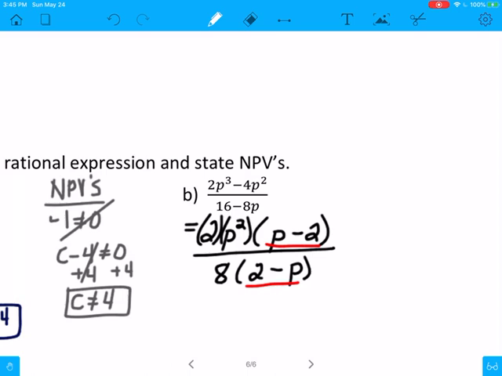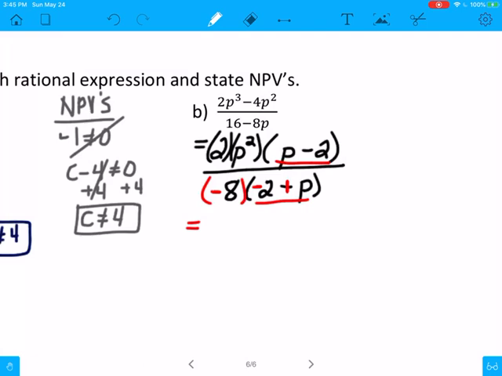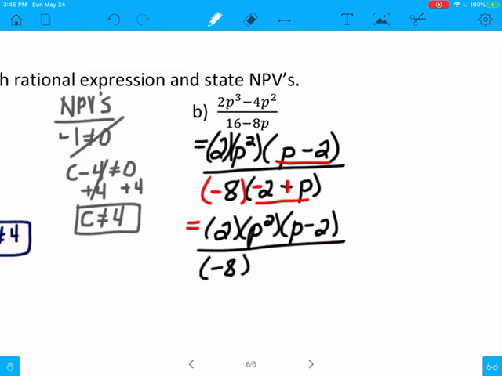So what I should have done is I should have taken out a negative 8. Then this would be a negative 2, and this would be a positive p, and now they'll match. So in reality, I should have 2p squared, p minus 2 over negative 8, positive p minus 2.